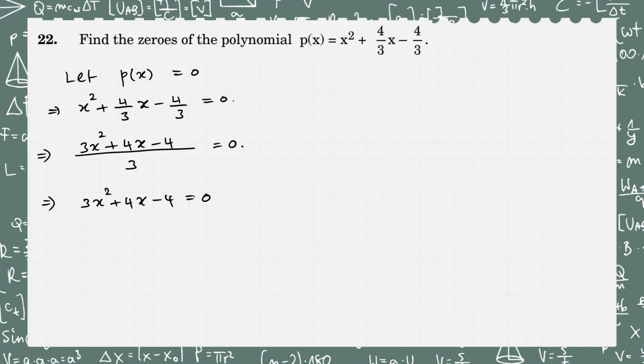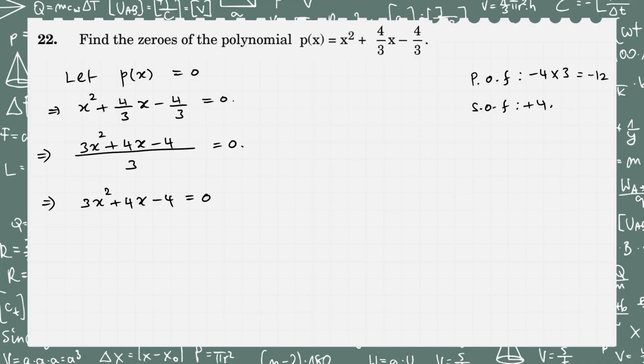We can apply the splitting the middle term process also. For that, product of the factors is negative 4 times 3, right? Coefficient of x square multiplied by constant term along with their signs. So this will give us minus 12, and the sum of the factors is coefficient of x, which is plus 4.